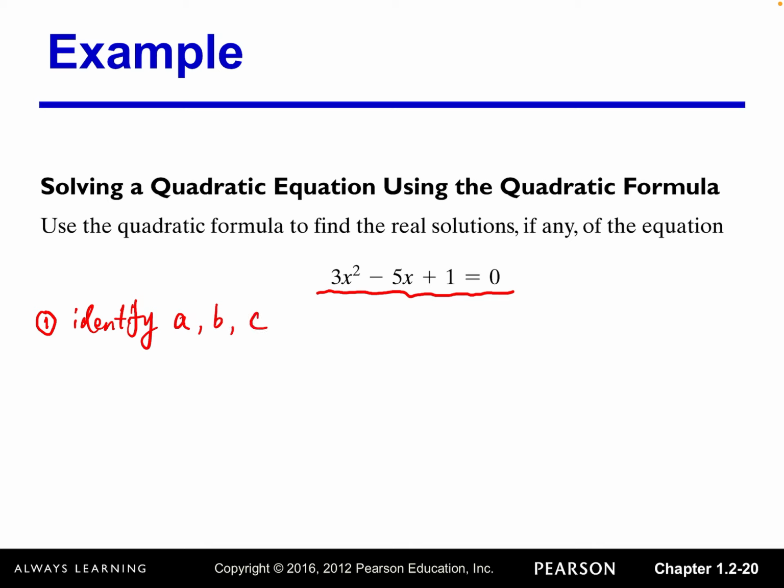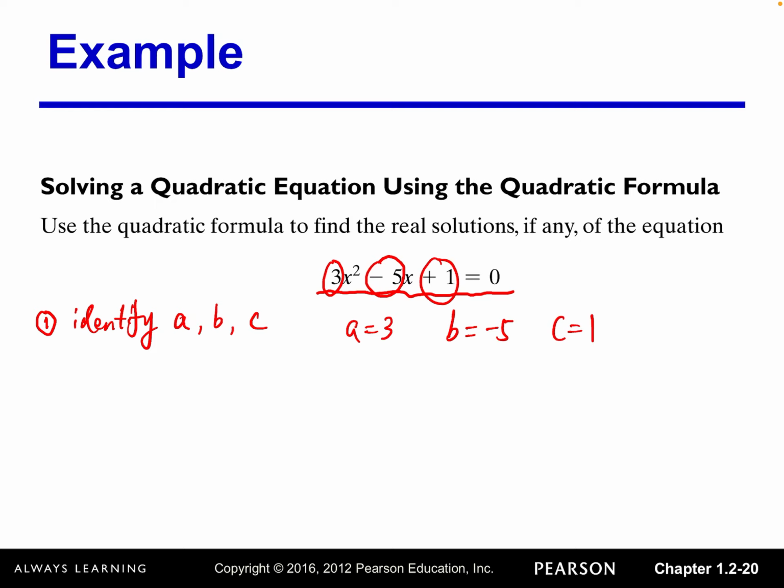What are those values? Remember, a, b, c are just the numerical values of each term. So a equals 3, b equals negative 5. Not negative 5x, just negative 5, only the constant. And c equals positive 1.